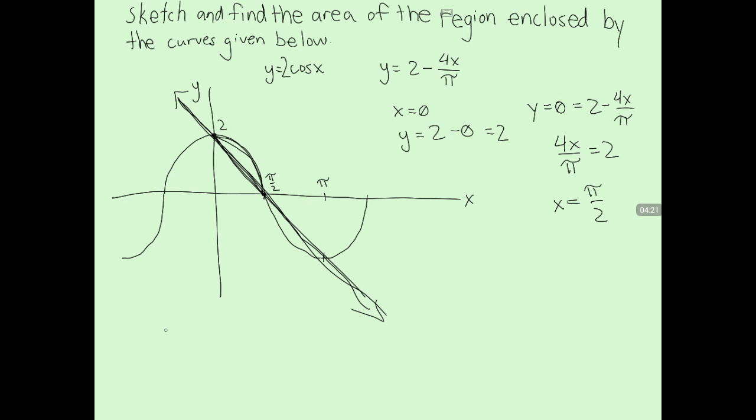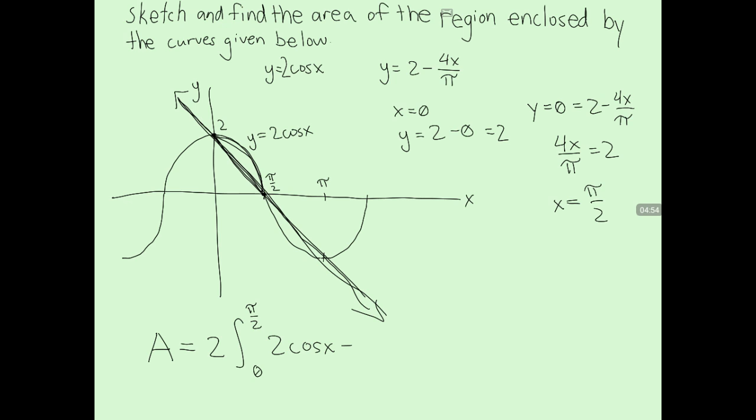So we have the area of the region bound by the curves equals 2 times the area of this. So we have 2 times the definite integral from 0 to pi over 2. And our top function here is y equals 2 cos x. Since that is on the top, we're going to put that over here.